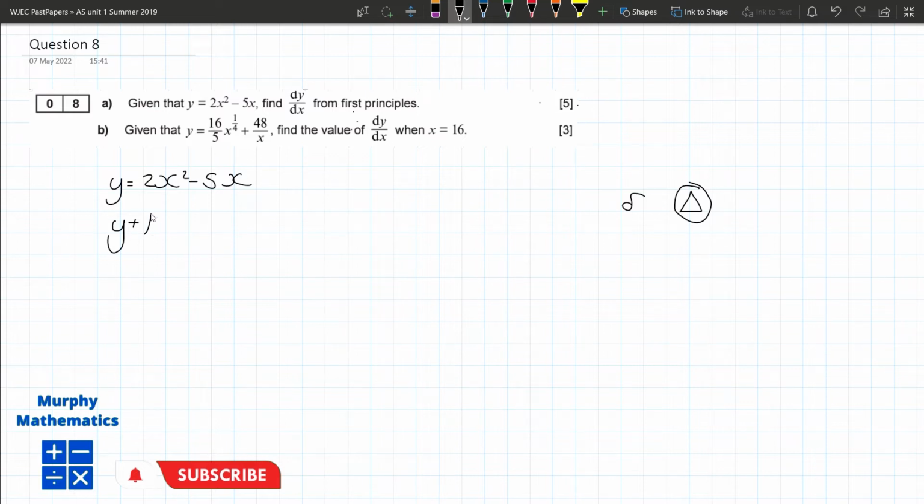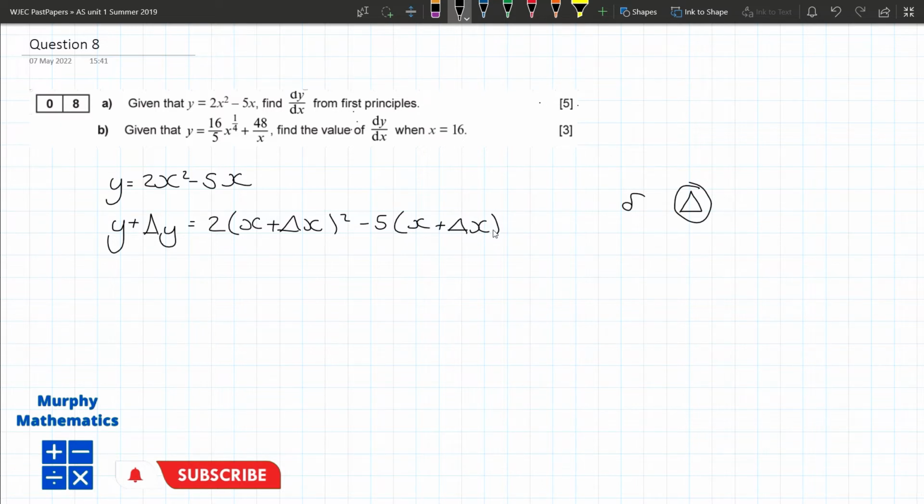So y plus delta y equals 2 lots of x plus delta x all squared minus 5 lots of x plus delta x.